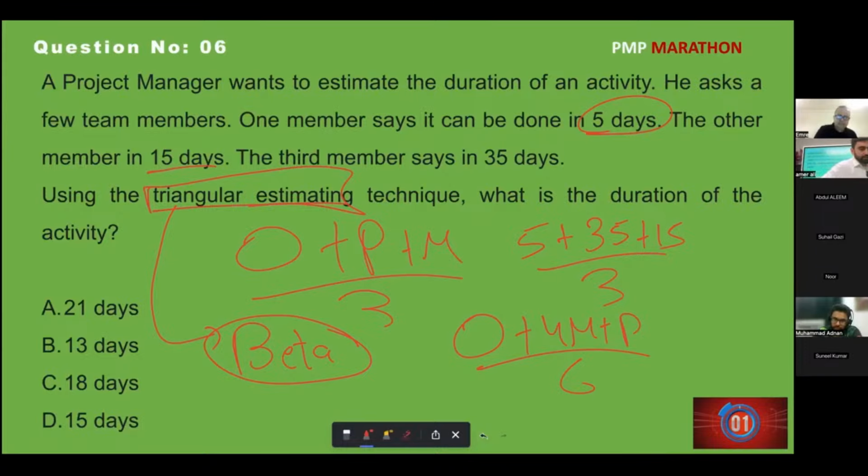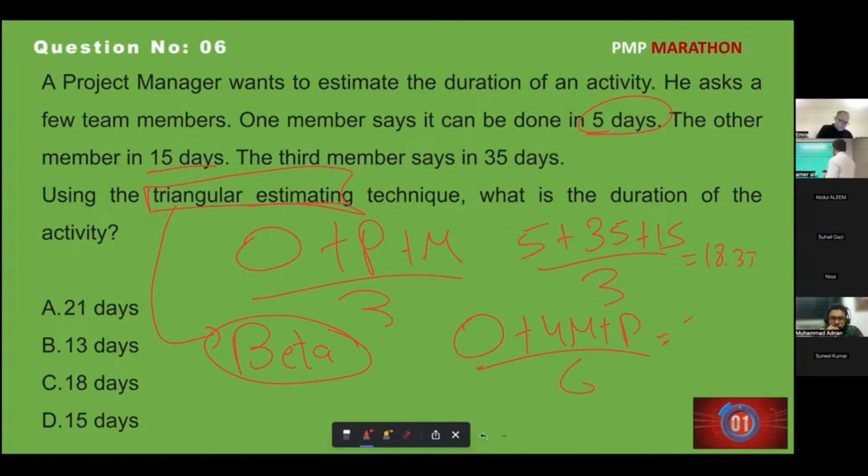Okay. So, by the way, you have a calculator in the computer. People are saying the answer changes. So let's look. Optimistic 5, plus 15, plus 35, divided by 3, this becomes 18.3333.